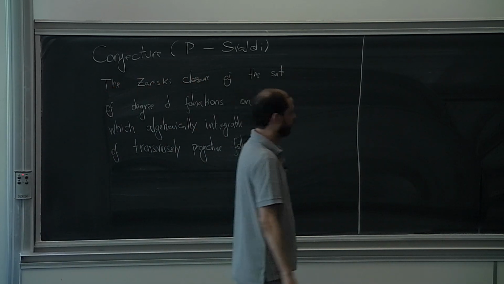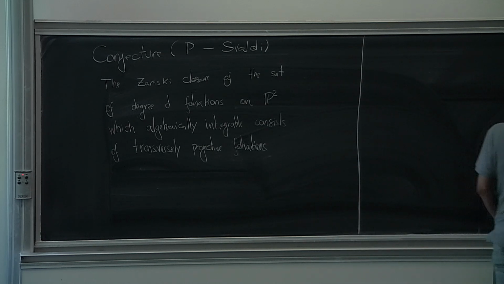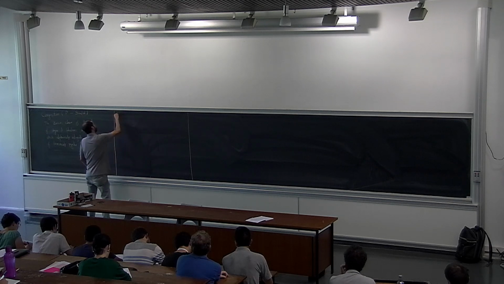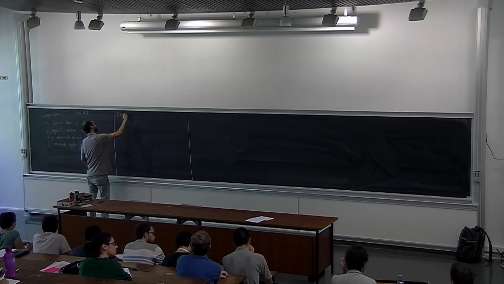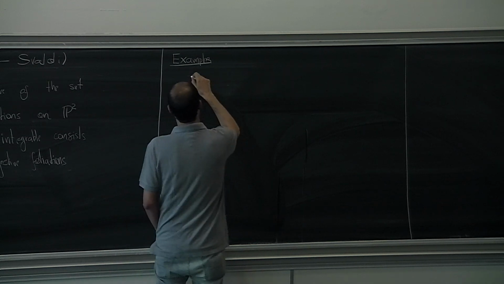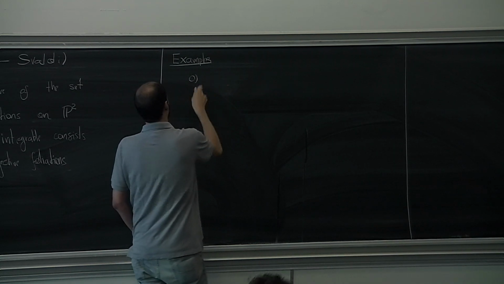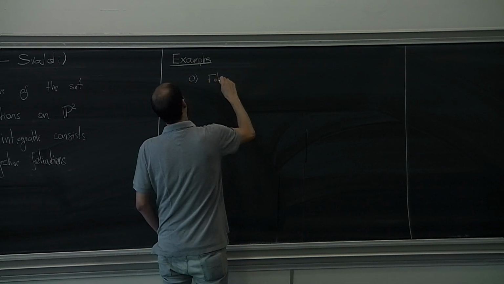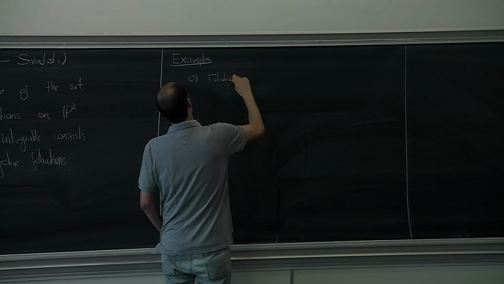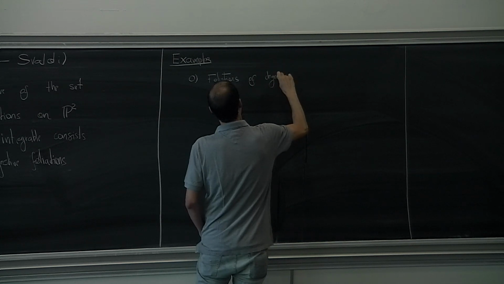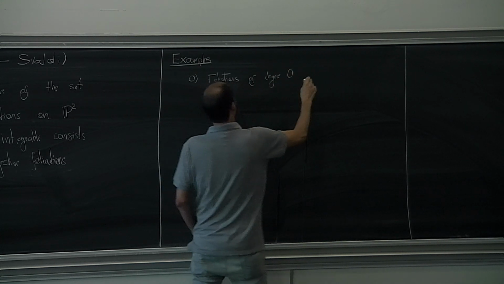So let me start with some examples. The very first example was already worked out by Enrica, which is if I have foliations of degree 0 on P2.